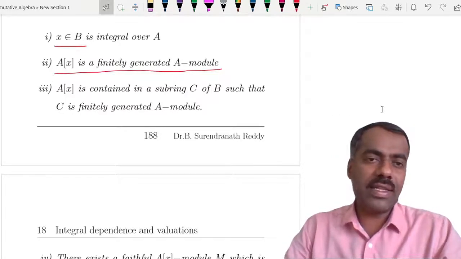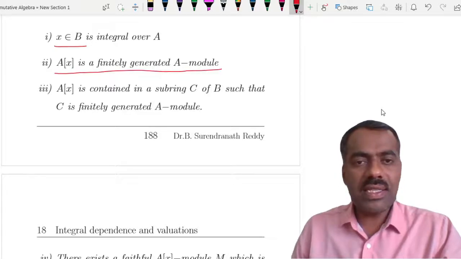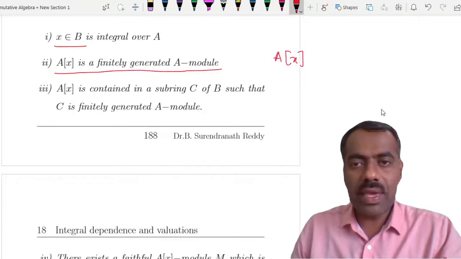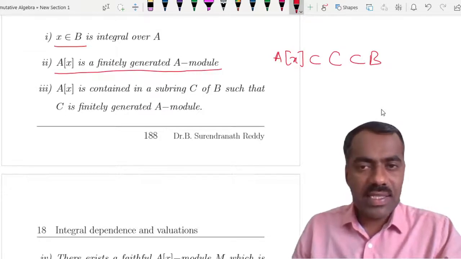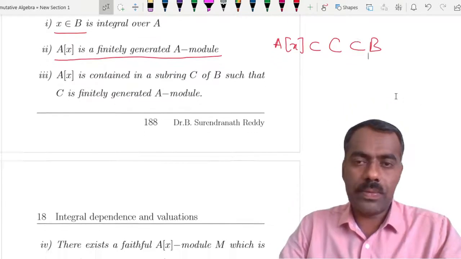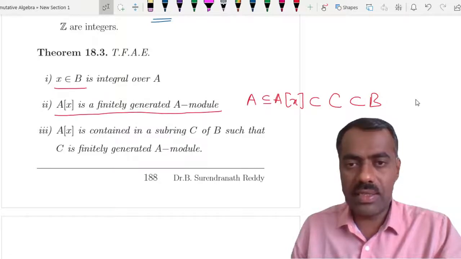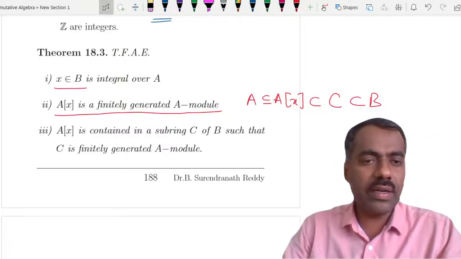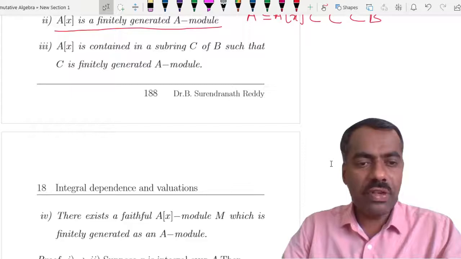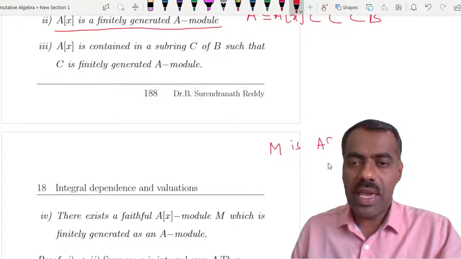That means finitely generated over A. And it is the same as saying that A[x] is contained in C, which is a subring of B, such that C is finitely generated over A. And the fourth one is that there exists a faithful A[x]-module M.